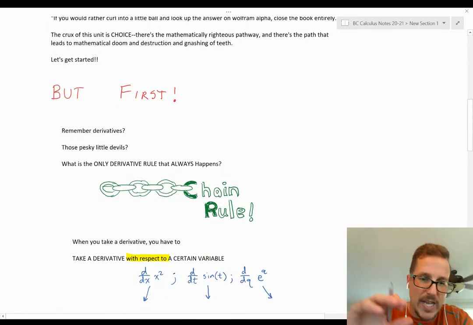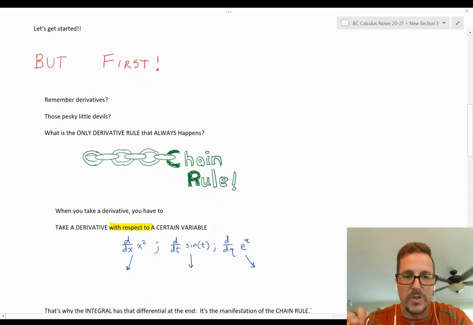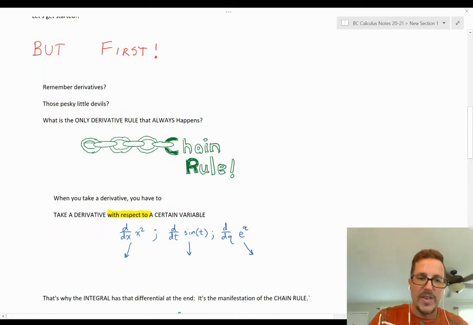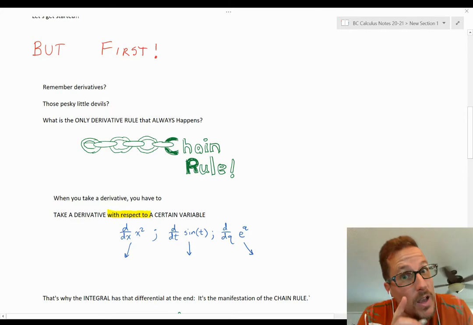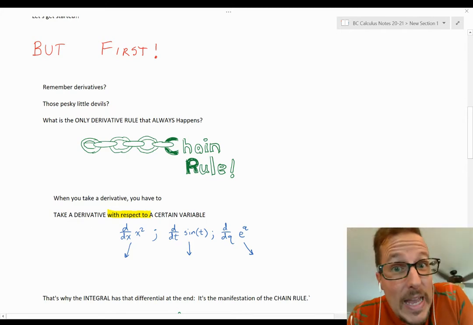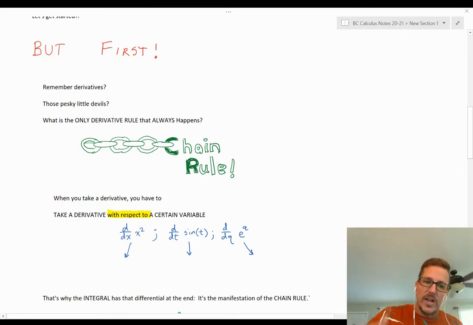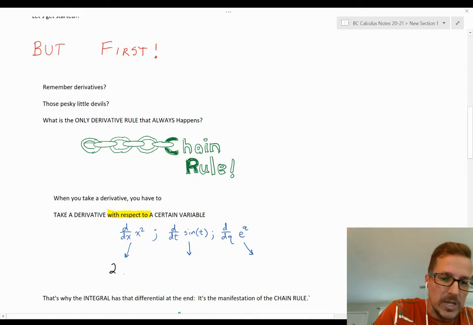I always had to take the derivative with respect to a certain variable. The derivative of x squared, you wouldn't say that, right? We do, and we know what we mean, but the mathematically pure way to say that would be the derivative of x squared with respect to x. So the derivative of x squared with respect to x would just be 2x.